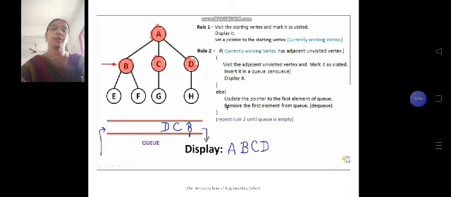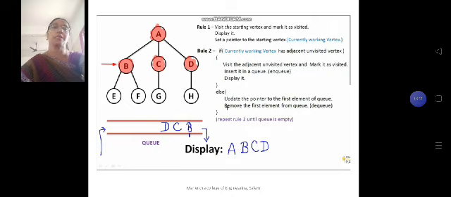So how does it work in the algorithm? Rule 1: visit the starting vertex, mark it visited, and display it. Rule 2: if the currently working vertex has an adjacent unvisited vertex, visit that adjacent unvisited vertex, mark it as visited, display it, and insert it into the queue.